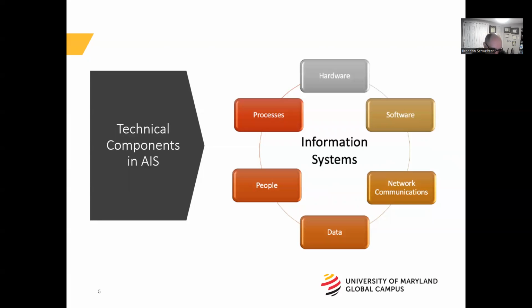We follow the accounting cycle. The accounting cycle represents the processes in an accounting information system. What kind of hardware are we using with this system? In most cases, it's a desktop, a laptop, a cell phone, a tablet, etc. Those are the hardware components.